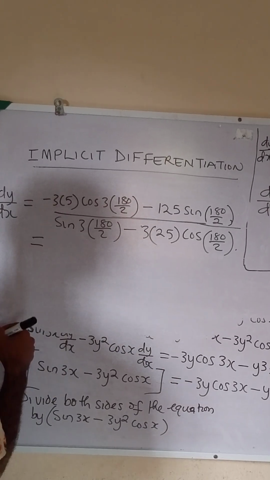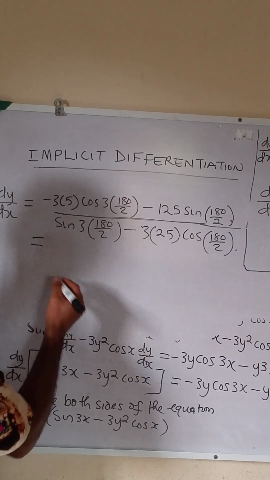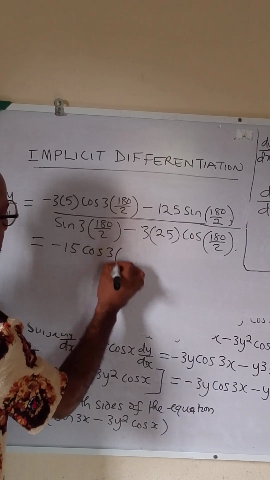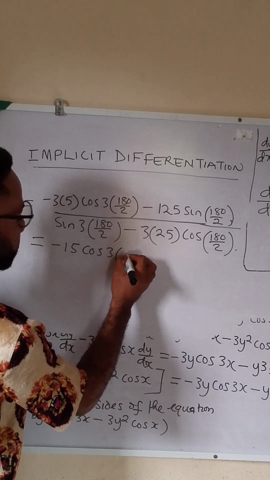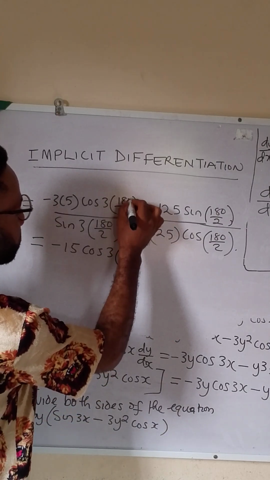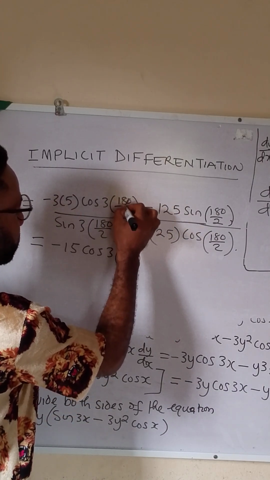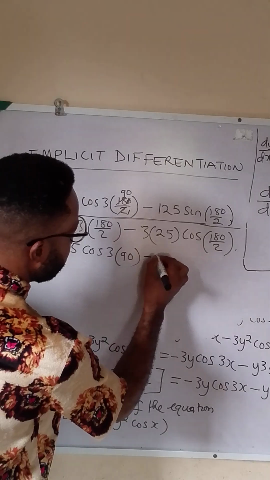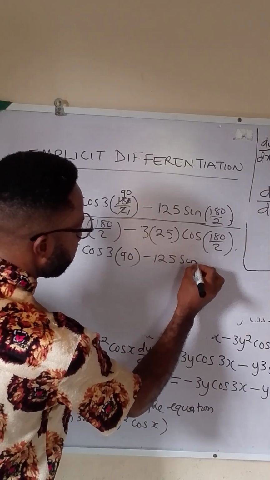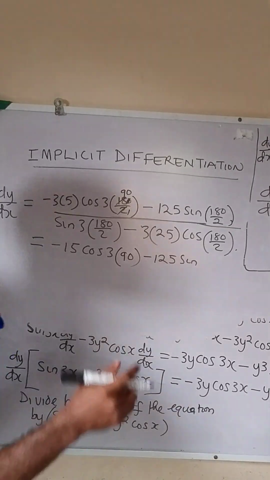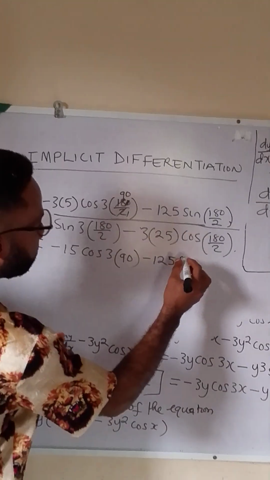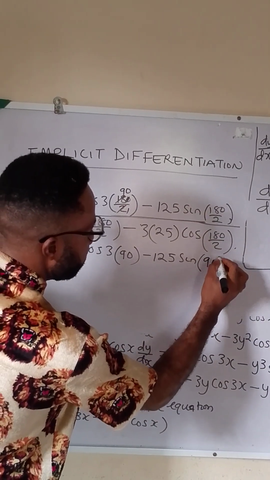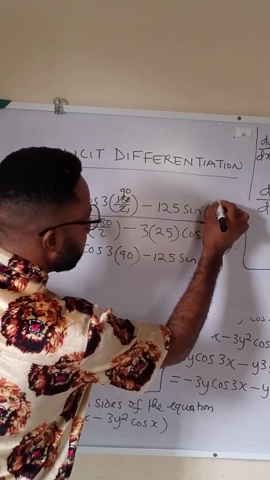Now having done this, we continue. 3 times 5 is going to give us 15, so we have minus 15 cos of 3 into 180 divided by 2, which will give us 90 (180 divided by 2 is 90). So minus 125 sine of 180 divided by 2, which is 90.